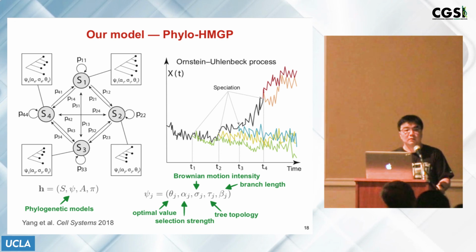And should there be any correlation with the species tree and the tree that you did here? No, the tree is given. We assume the tree is known. We want to estimate the OU process on these different branches, and the parameters associated with the OU process on each one of these branches in the tree.